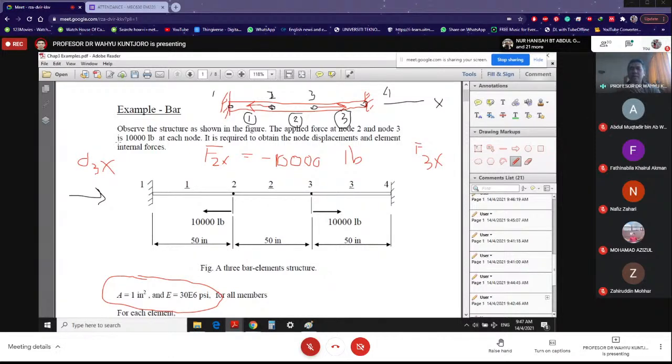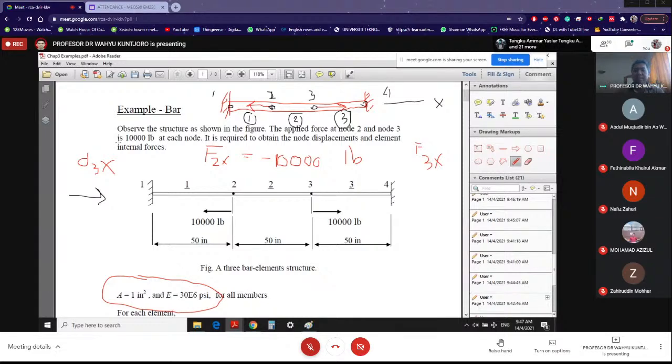D3X is unknown. It is variable. That means you need to find out. When you find out later, most probably it doesn't look like 0, but it can be 0. It depends on the setting of the load, everything. In this case, it is not 0.